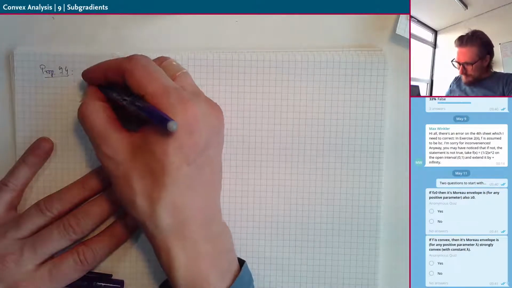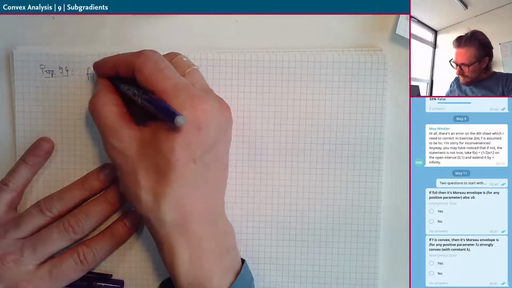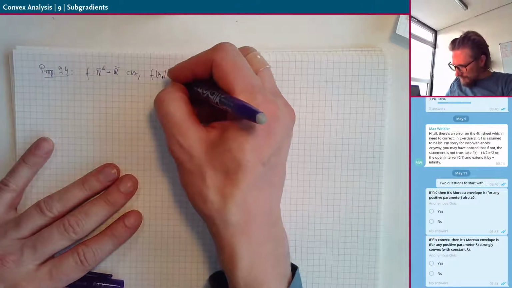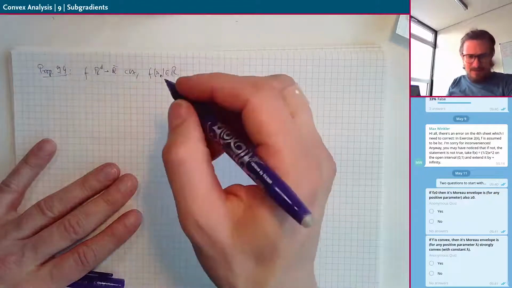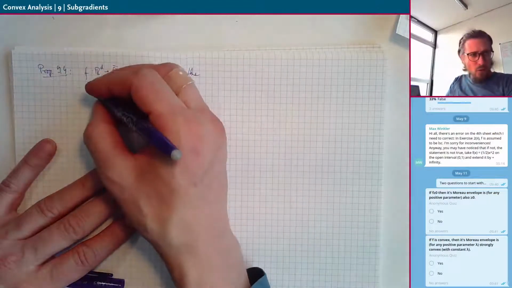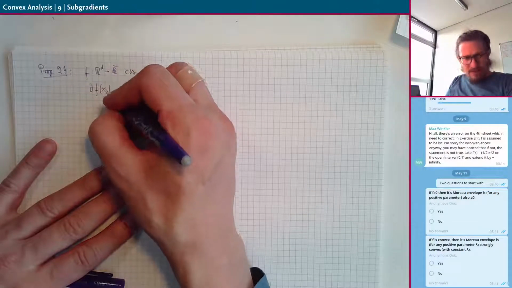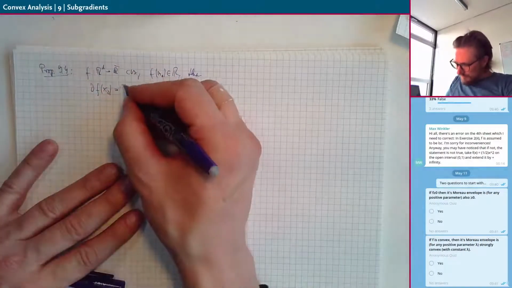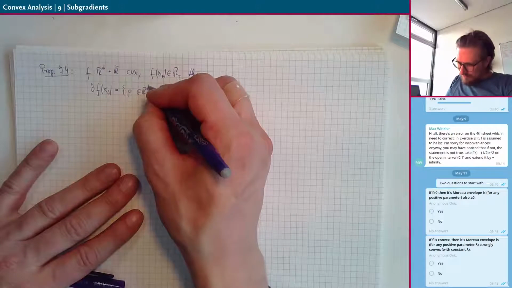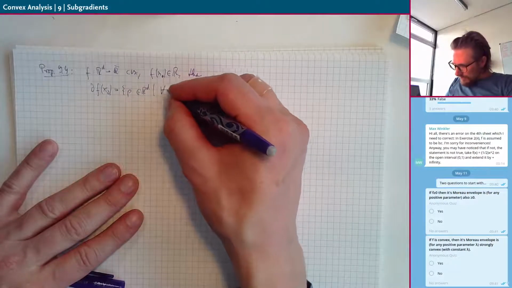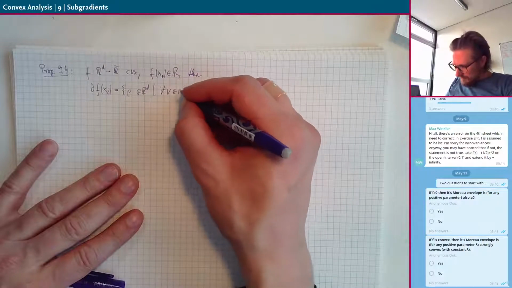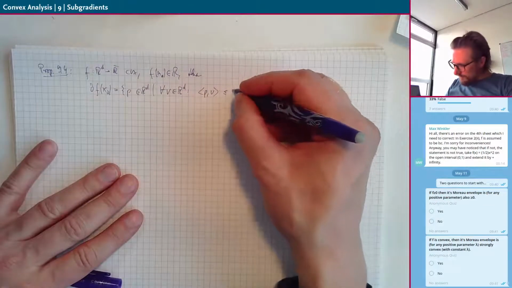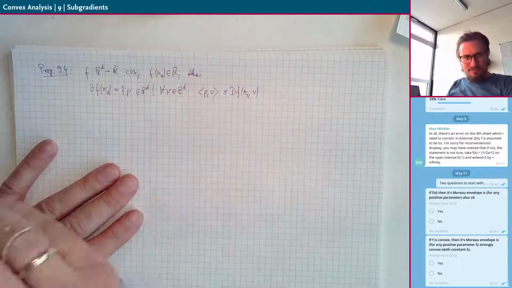If you have a function from Rd to R, just convex, and f of x0 should be a real number, so you could also say it's in the domain, but let's say it like this, then it holds that the subdifferential at x0 is exactly equal to the set of all p in Rd, all vectors, such that for all directions v in Rd it holds that the inner product of p with v is smaller or equal to the directional derivative at x0 in this direction.